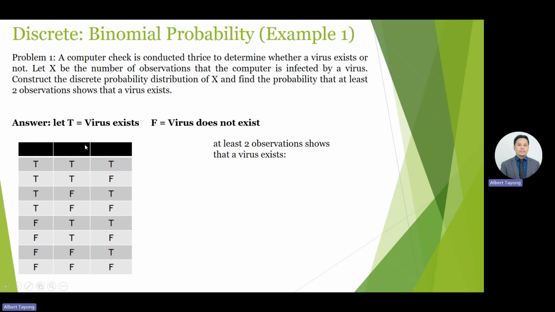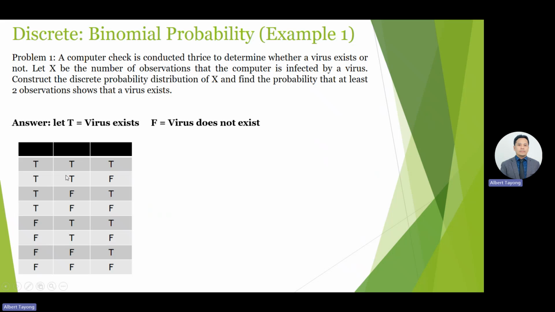So our table, of course, consists of 8 possible outcomes. We have the first column as T, T, T, T, F, F, F, F. Please refer to this. I want you to review the propositional logic topic when we have 3 propositions.